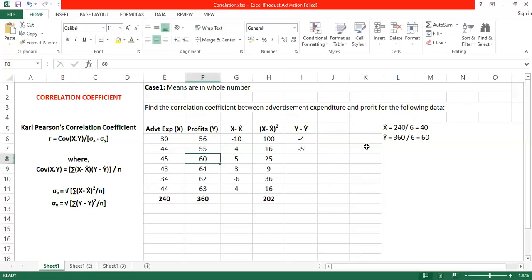Next, y is 60. y bar is also 60, so 60 minus 60 is 0. Next is 64 minus 60, that means it is 4. Next, 62 minus 60, so it is 2. Last, 63 minus 60, so it is 3, right? Next, we need to get the square of y minus y bar.